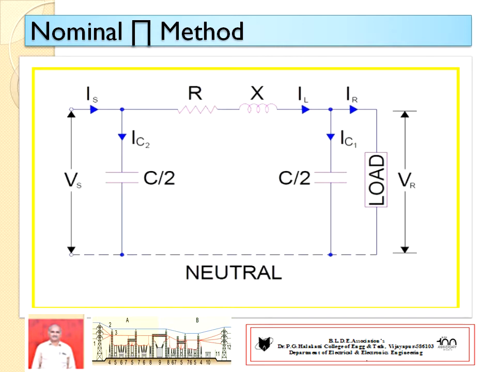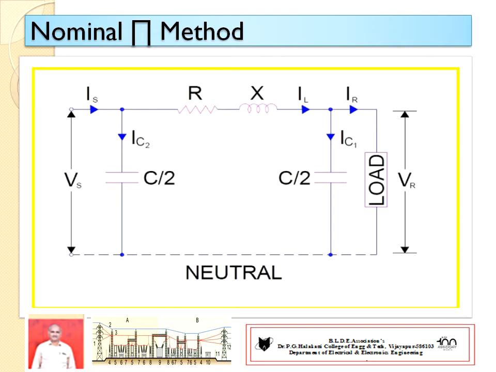After that, go for the calculation of IC2, where IC2 equals voltage into C by 2. Once you get IC2, the vector sum of IC2 and IL gives Is, the sending end current.